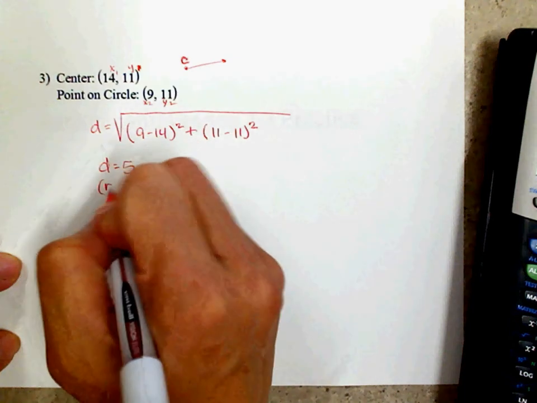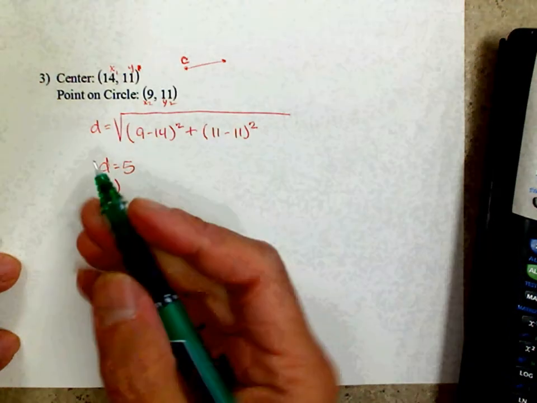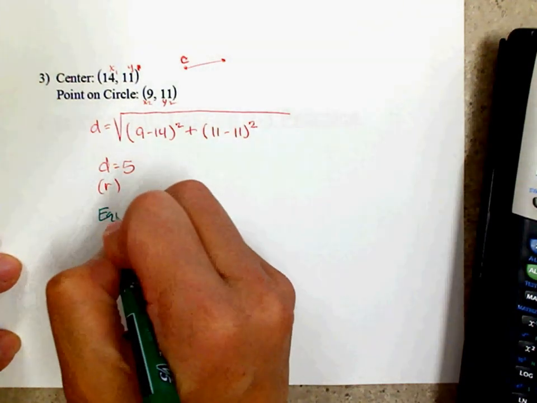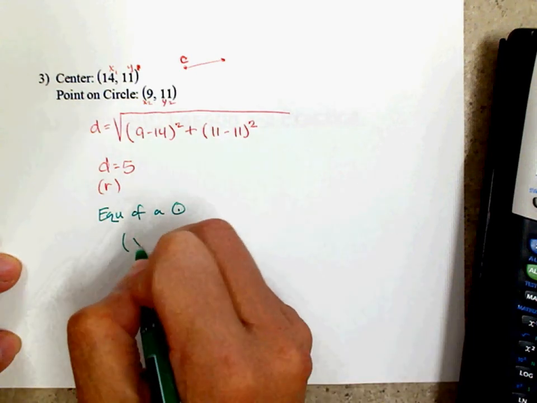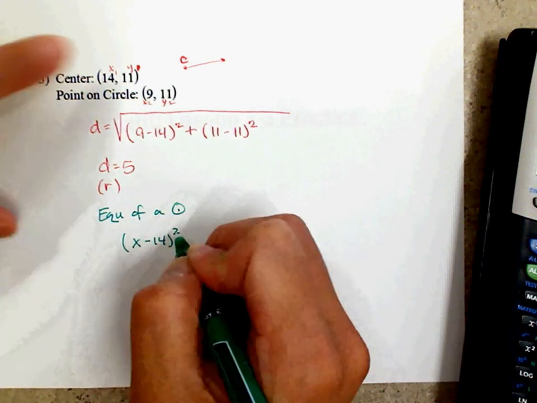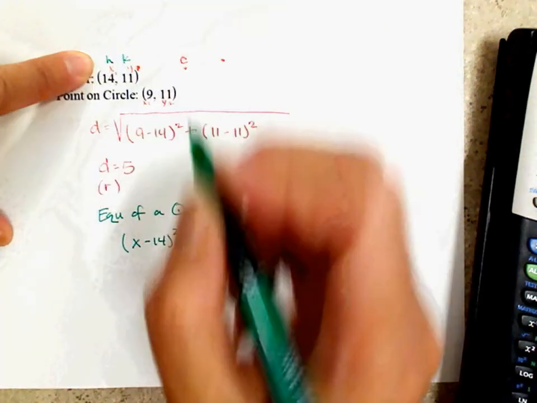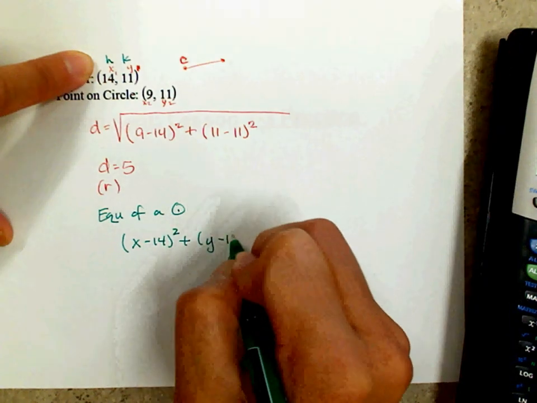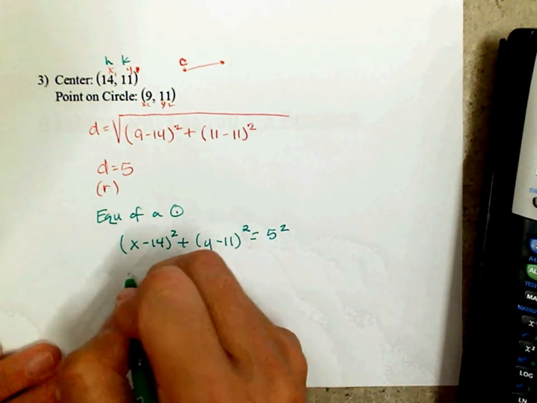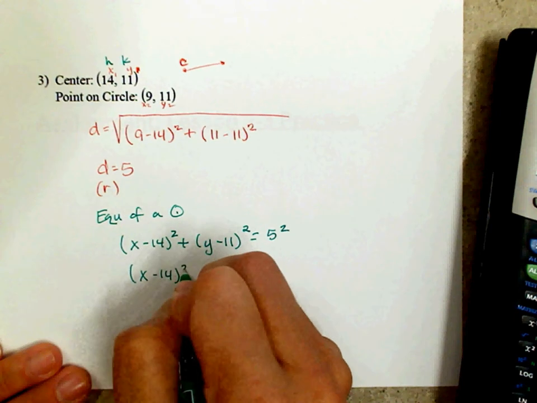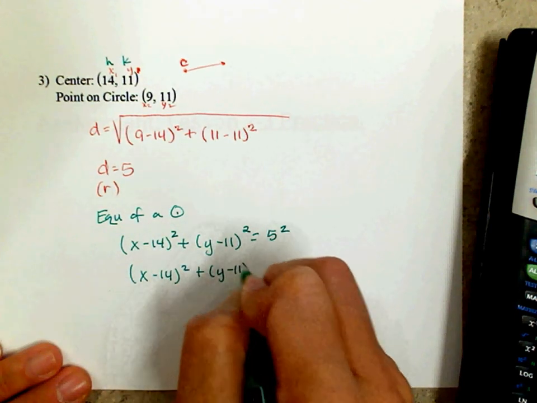And let's look at our equation of a circle. All right. So x minus 14 squared, because here's your h, here's your k, plus y minus 11 squared is equal to 5 squared. Let's simplify. X minus 14 squared plus y minus 11 squared is equal to 25.